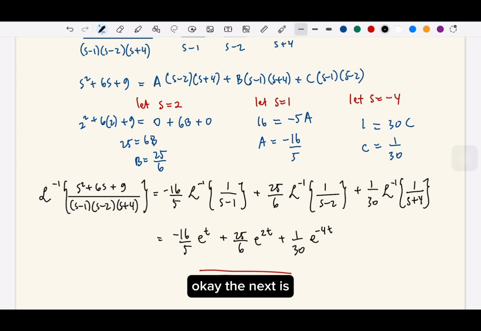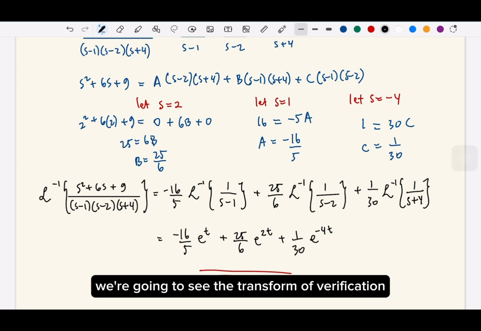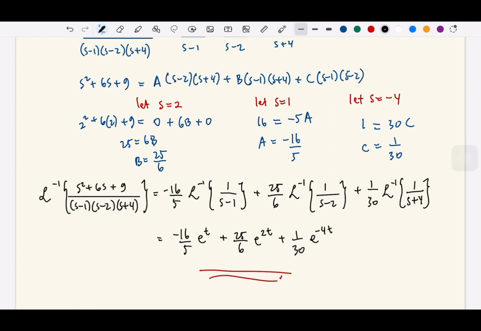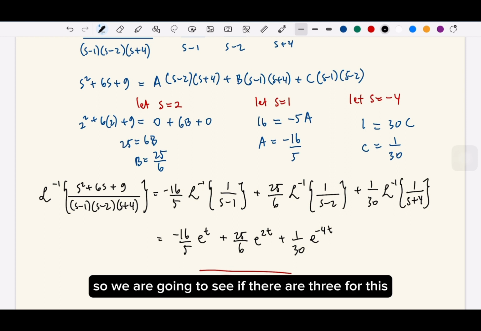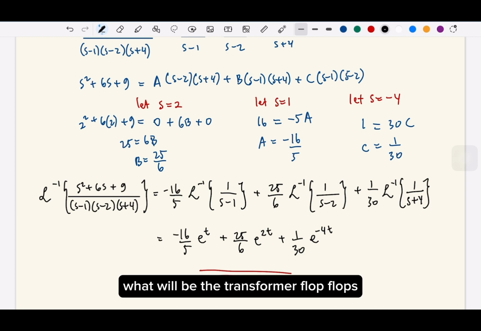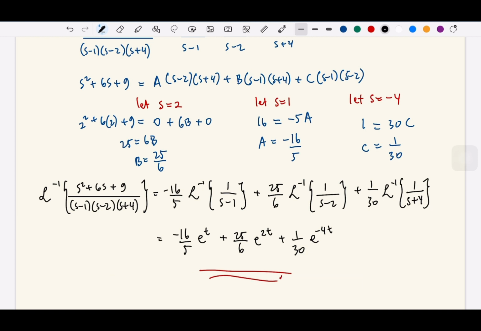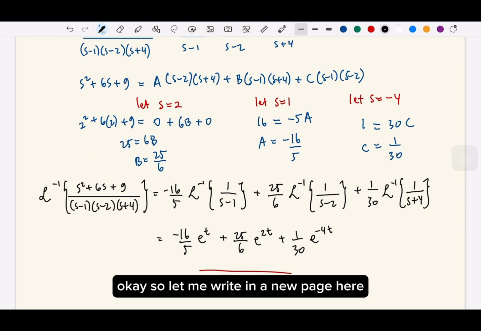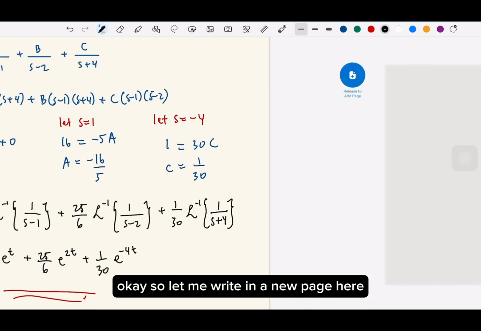Okay, the next is we are going to see the transform of derivative. So we are going to see if we have the derivative like f prime, what will be the Laplace transform of it. Okay, so let me write in a new page here.